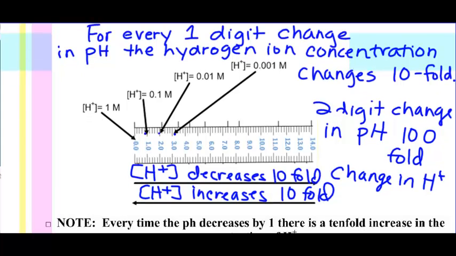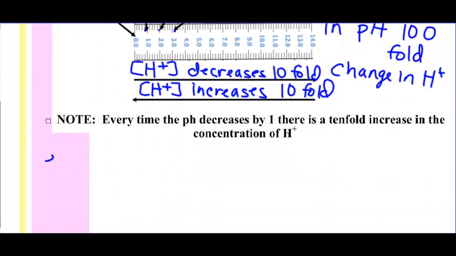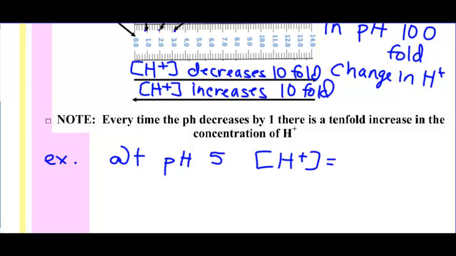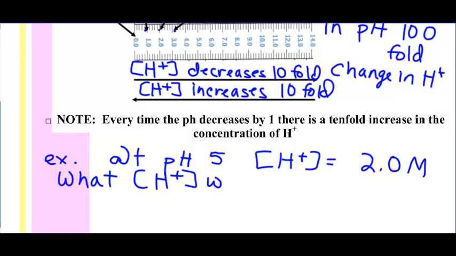All right? So let's give you an example. Let's say at pH 5, the concentration of hydrogen ion is 2. It would never be that, but just pretend. They could ask you, what is the concentration of hydrogen ions when the pH is 6?